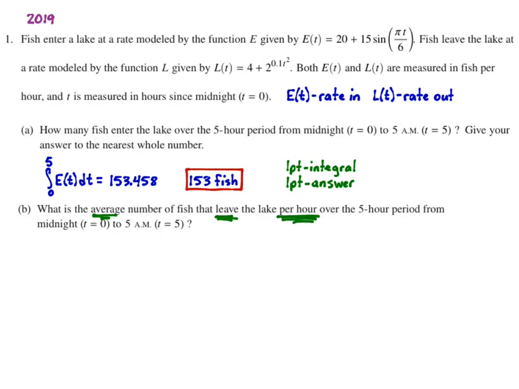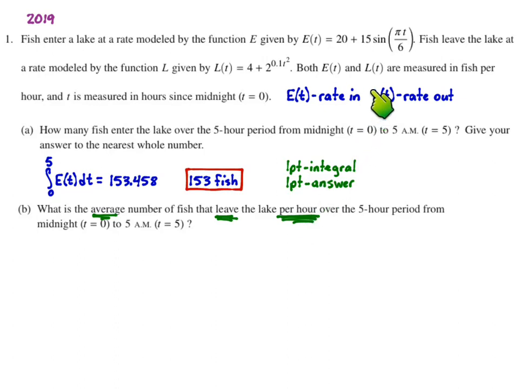And trying to understand what we're doing here, if I were to take the average rate of L, I would be getting the rate of the rate. So for the units of that, if I took the average rate, if I did L of 5 minus L of 0 over 5 minus 0, remember L is fish per hour, so the rate of that would be fish per hour per hour.